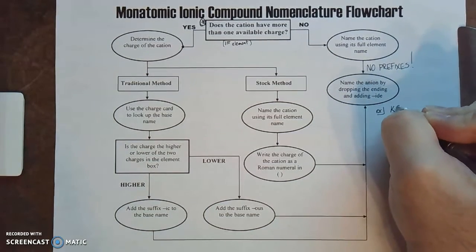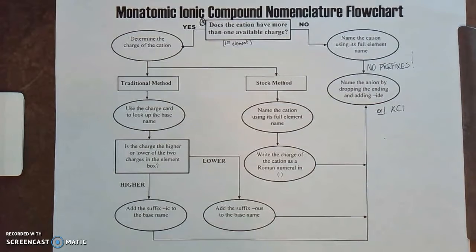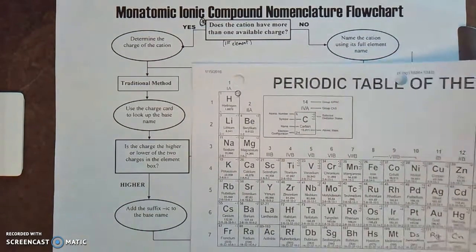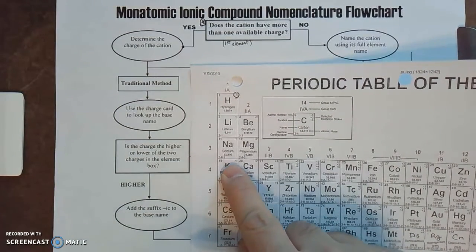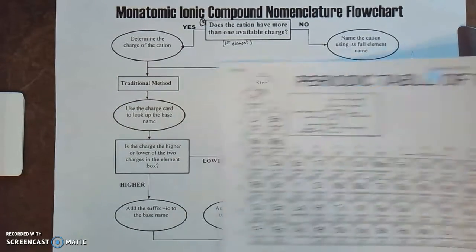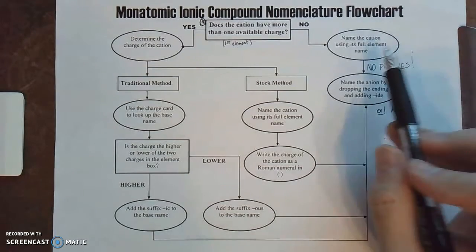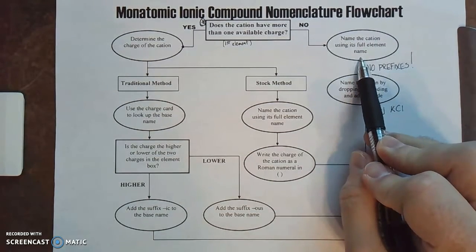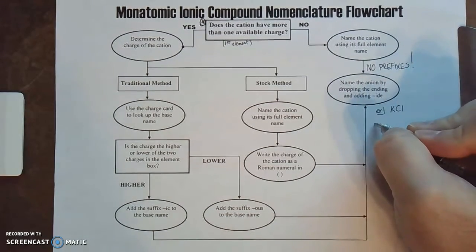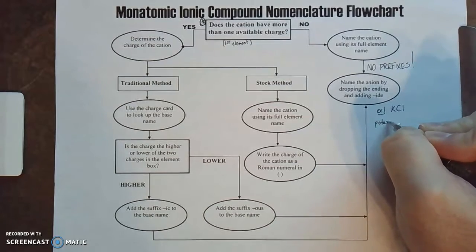If I were to give you this compound, KCl, I look up K on the periodic table, and it only has one possible charge, +1. All I have to do is name that cation, the first element, with its full element name, so potassium.